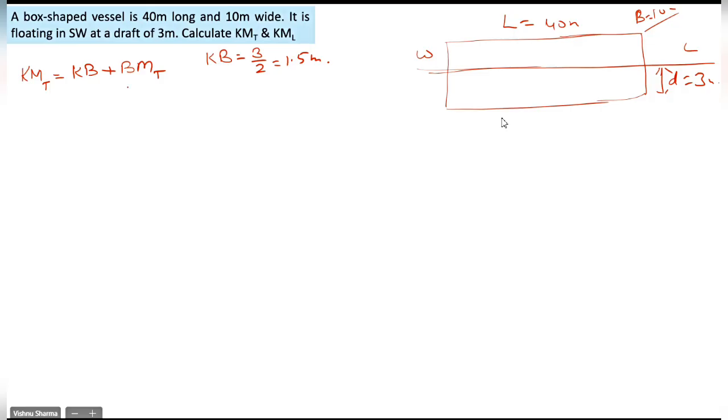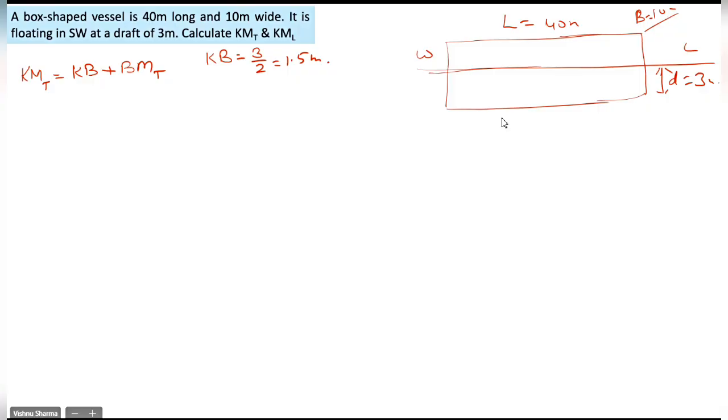For BMT, I will have to visualize the shape of the water plane. In this case, if I cut the ship at waterline, what will be the shape of the water plane, guys? Tell me. Rectangular. Rectangular, sir. Rectangle. Anybody who has a problem in figuring out or thinking about it, let me know.